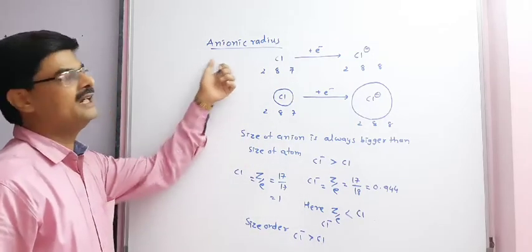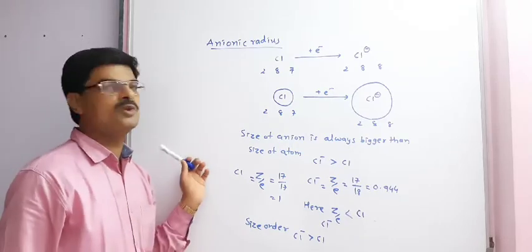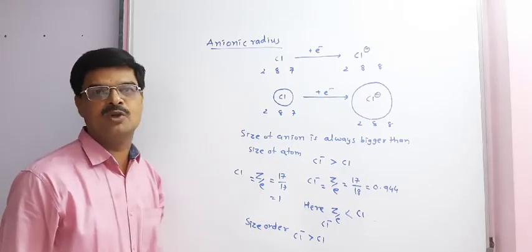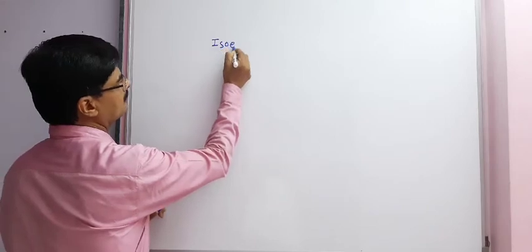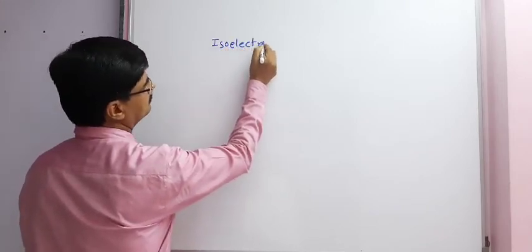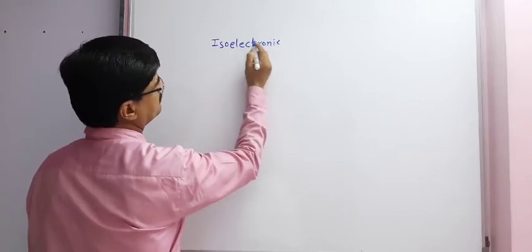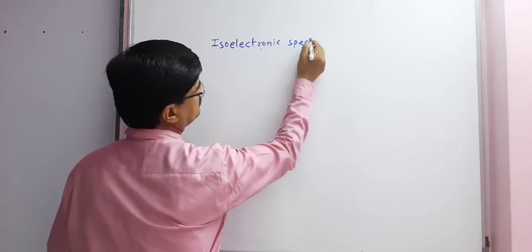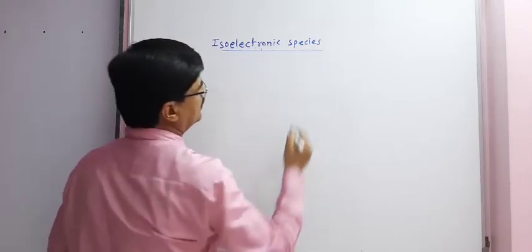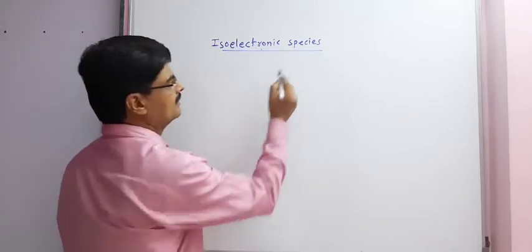Now, after studying anionic radius and cationic radius, we also have to understand the size of isoelectronic species. What is the definition of isoelectronic species?